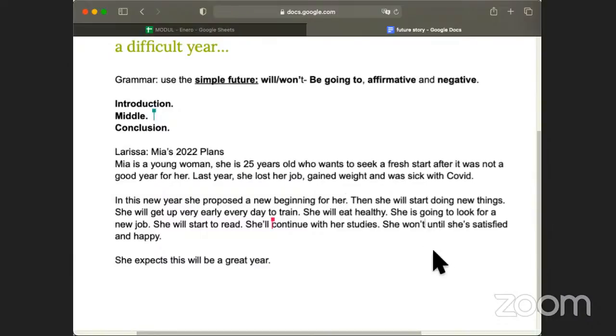Excellent. So let's review a little bit of this. So first, remember we need contractions, right? We can put here a contraction. No, she's. After, here we could put wasn't. No? Wasn't.